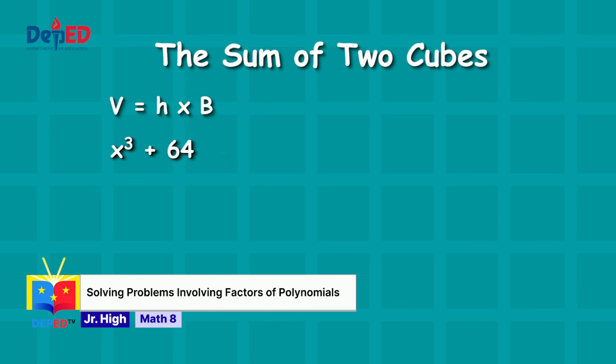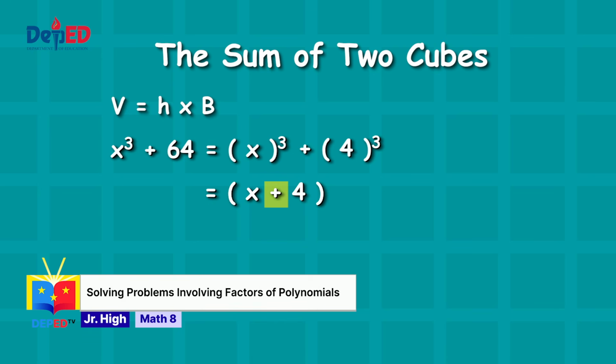X cubed is just the cube of x, and 64 is the cube of which number? It is 4. And since this is a sum of two cubes, the binomial factor is x plus 4. This is the height of our trough.